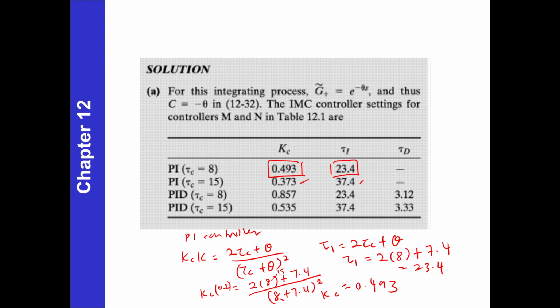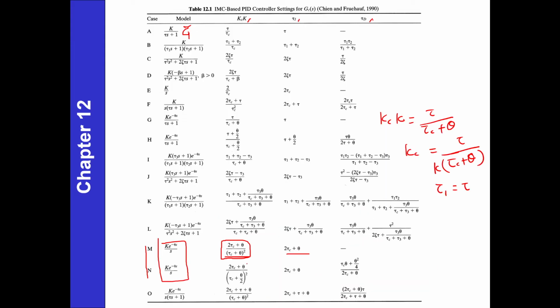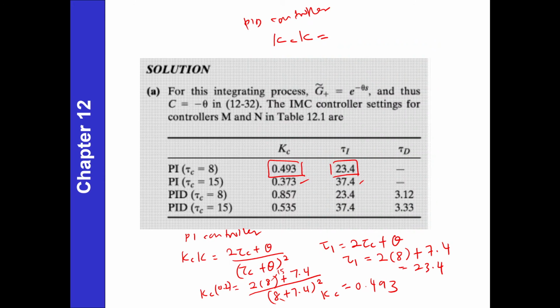And then for the PID controller, the formula to get Kc is basically this one: (2 tau C plus theta) over (tau C plus theta over 2) squared.